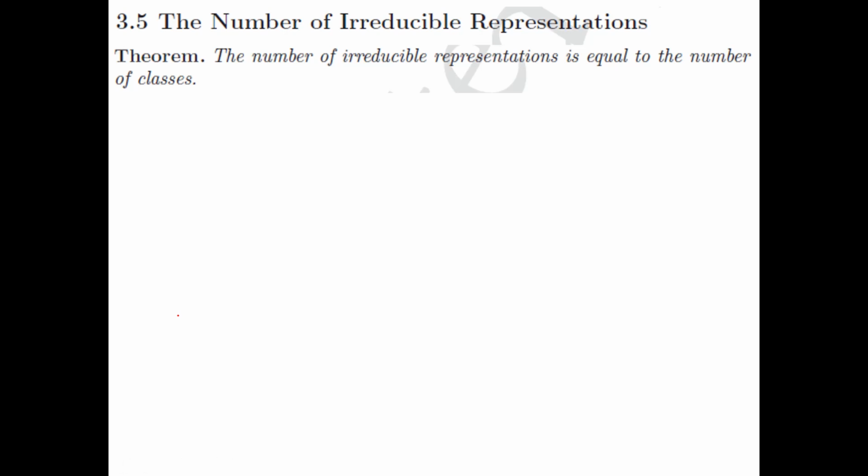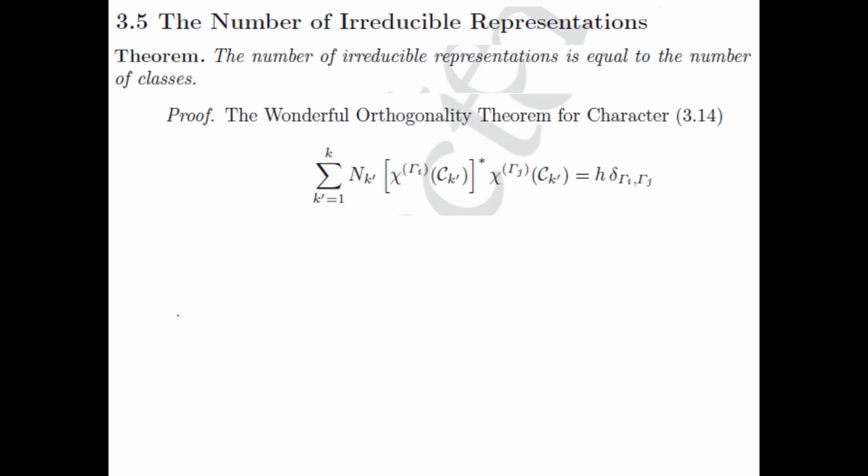For a given system, you can try to figure out what are the different types of symmetry operations that you have, and this will give you the number of classes, and also by this theorem it will give you precisely the same number of irreducible representations. Okay? All right. So let me show this result. It's actually very simple.